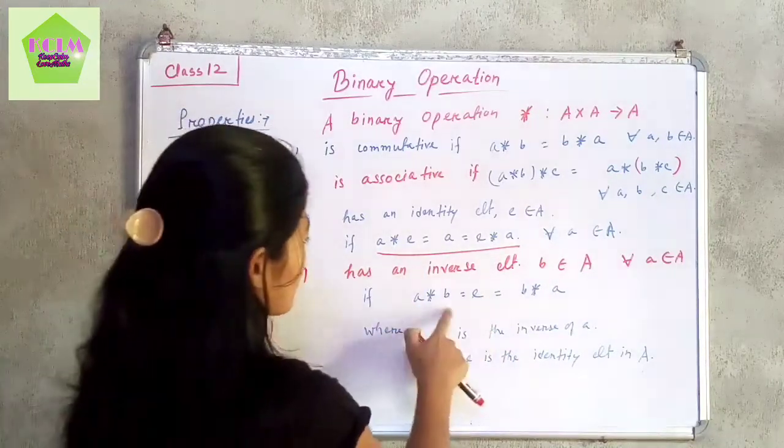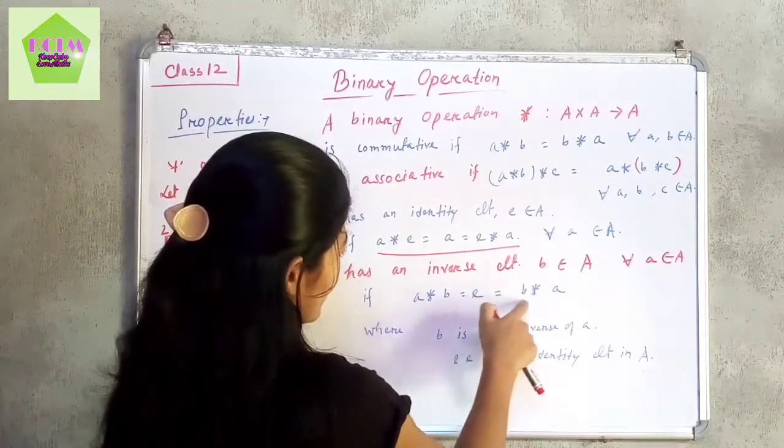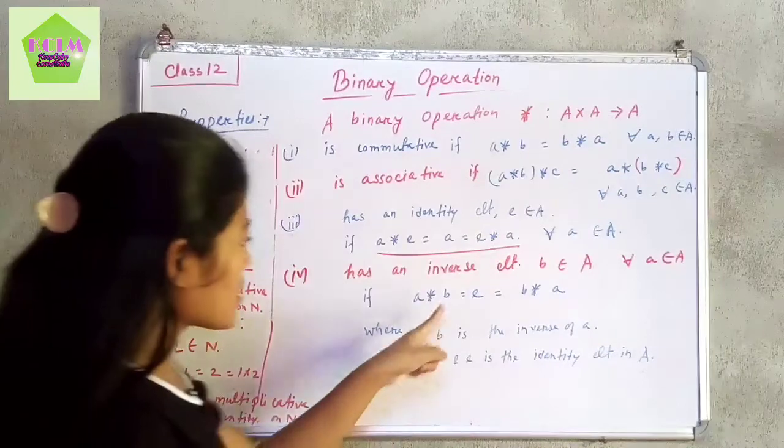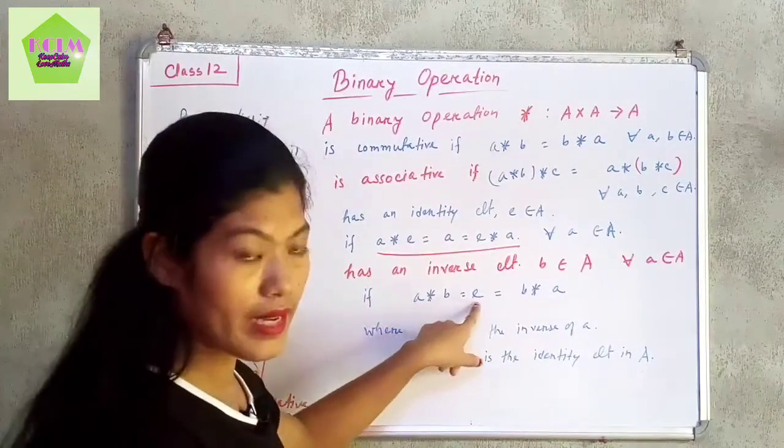So A star B equals E equals B star A. So here B is the inverse of A and E is the identity element.